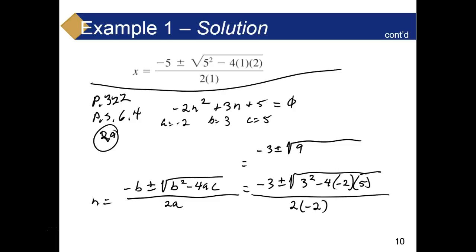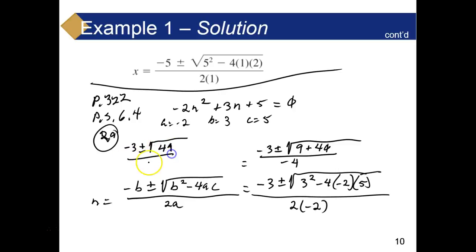Plus. If it's an odd number of minus signs, it's a minus. Even number, it's a plus. Okay? So that'll be a plus. And then I multiply those 3 numbers together. And what does that give you? 40. Very good. Divided by negative 4. Okay? I'm going to come back this way and do this. Minus 3 plus or minus the square root of 9 plus 40?